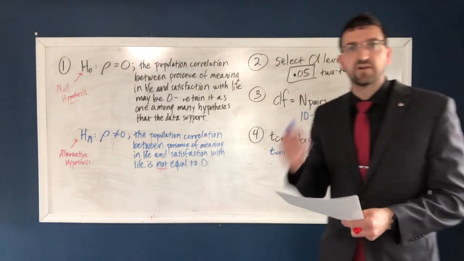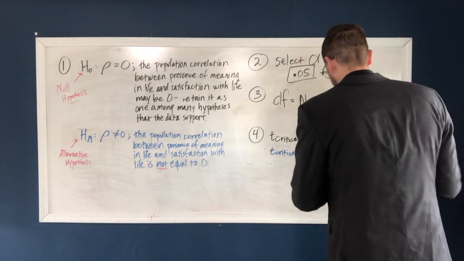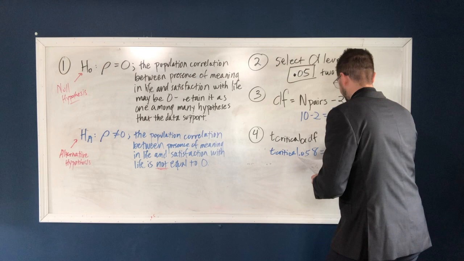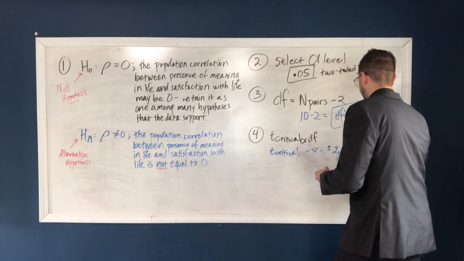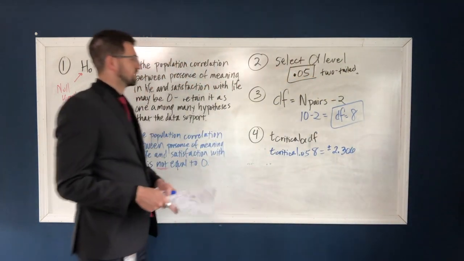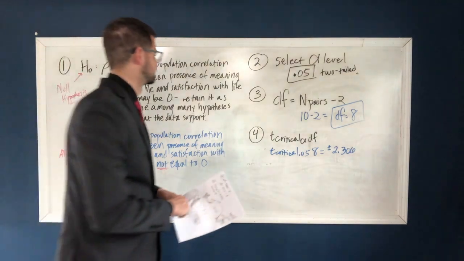Okay, so we found out that the t critical value is going to be plus or minus 2.306. Okay. So now we get to draw a picture.